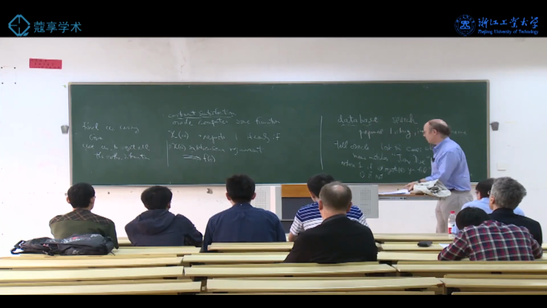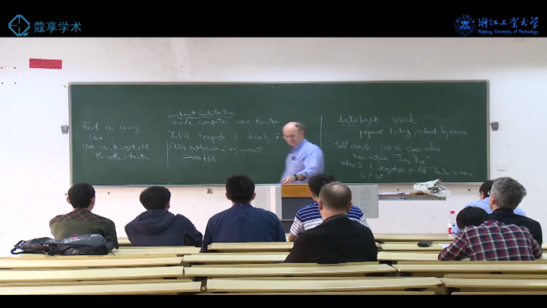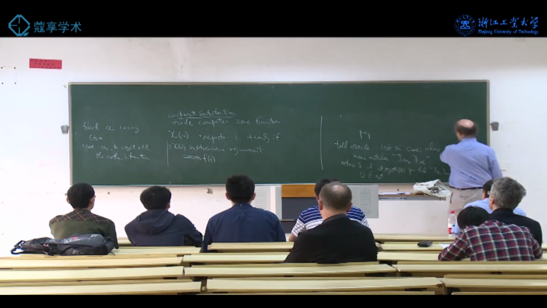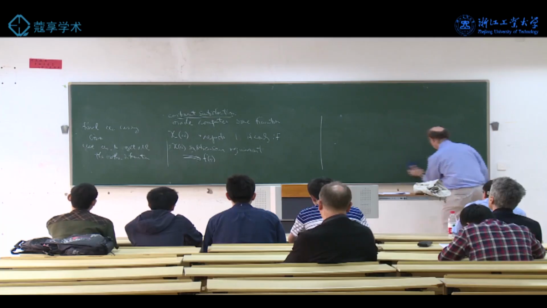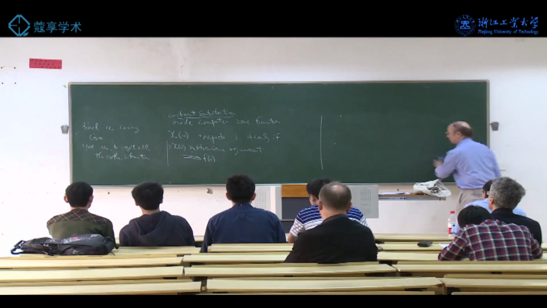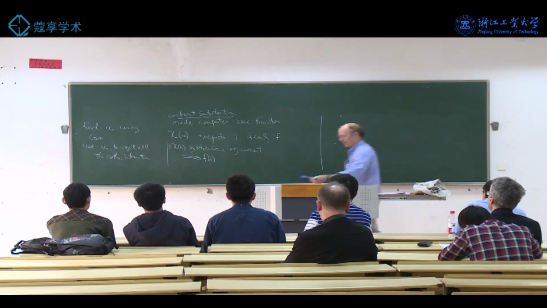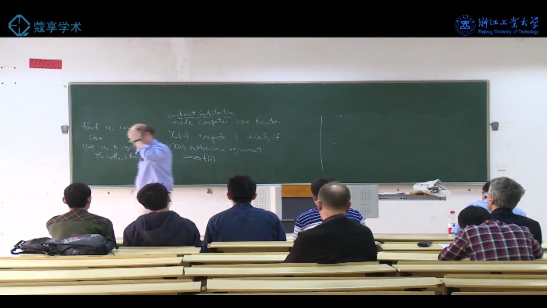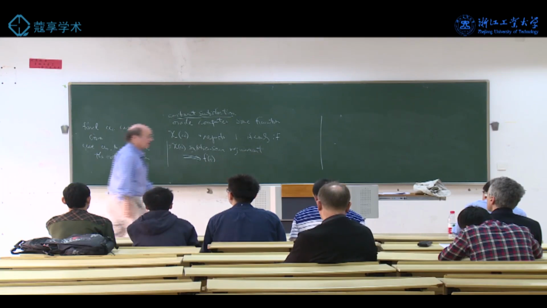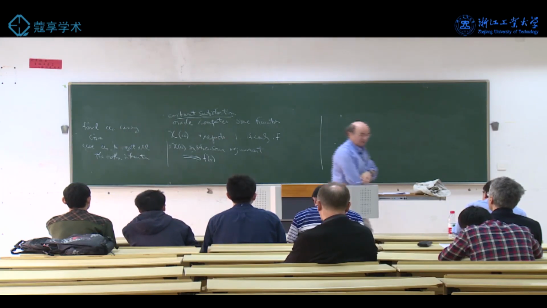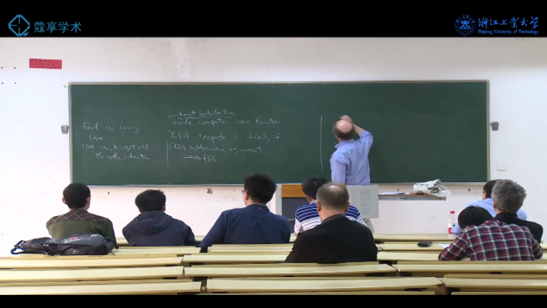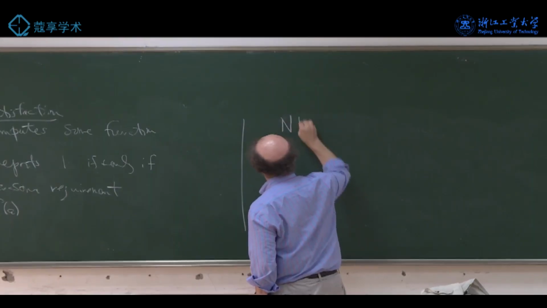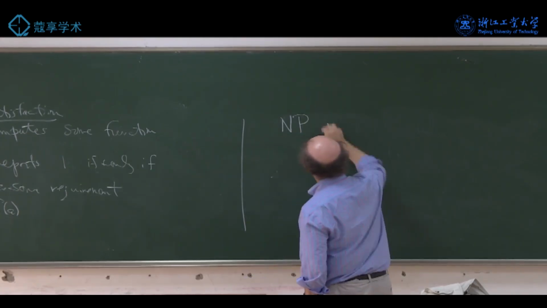Let me give an example that's actually quite profound. To fully appreciate the example requires some background in computer science, which I'm not going to supply here, but I will try to at least motivate it. In computer science, there's a class of problems called NP problems.